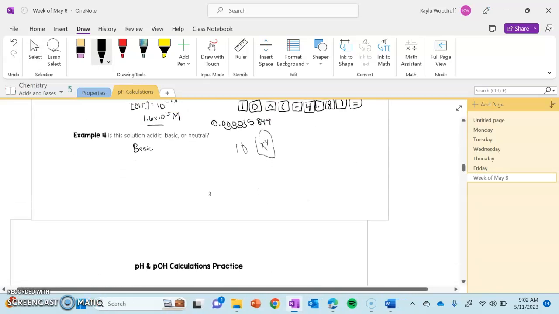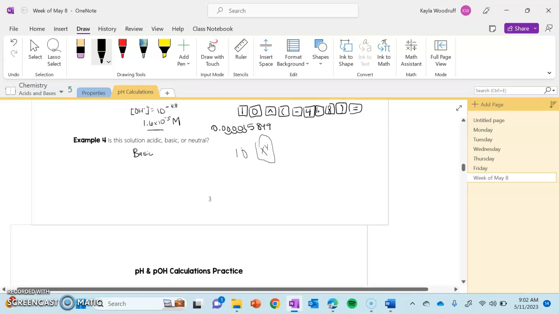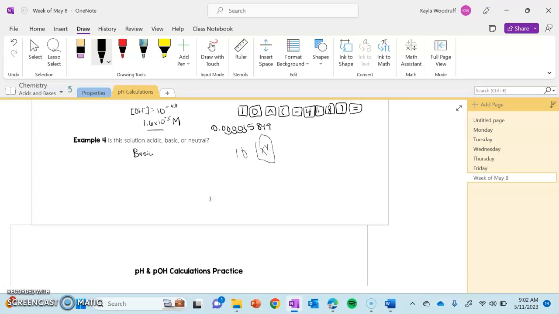That's just their way of saying exponent. So 10 to the, and then put your value in that you want.